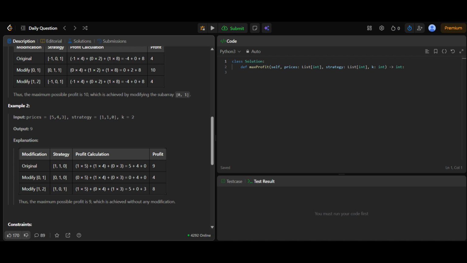The profit becomes 5 plus 0 plus 3, which totals 8. Both modified strategies produce less profit than the original. So the maximum possible profit is 9, and it is achieved without making any modification. That's why the final answer is 9.